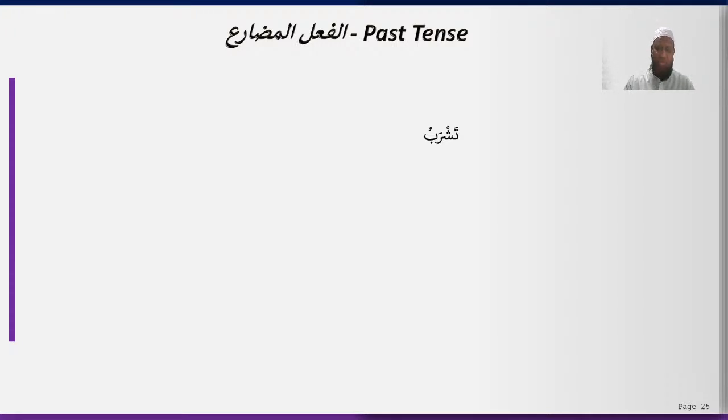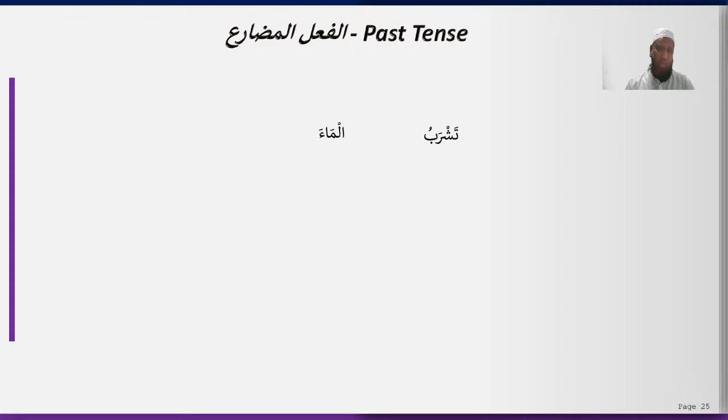So let's see, do we have ism al-dhahir? Tashrabul ma'a. Again, here two possible, isn't it? That can be muannas ghaiba.